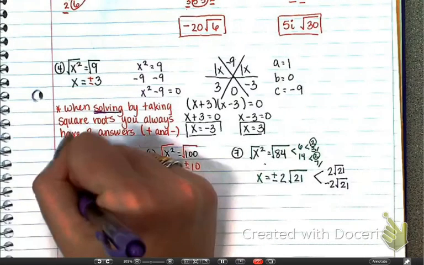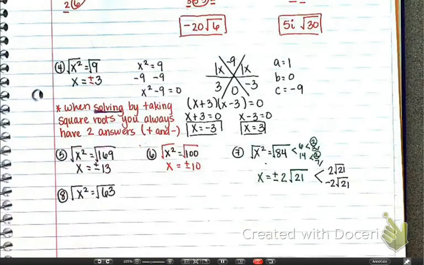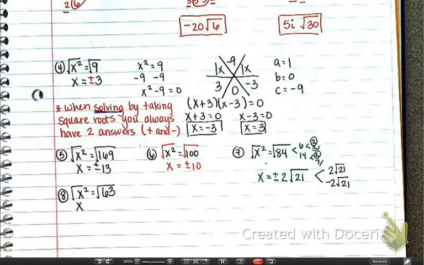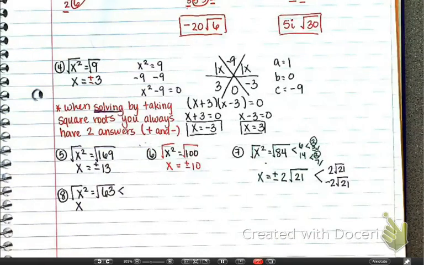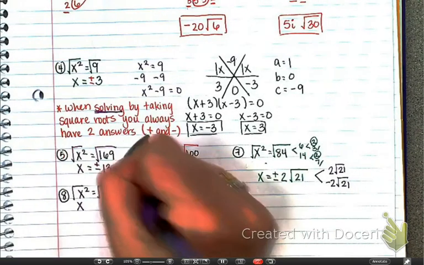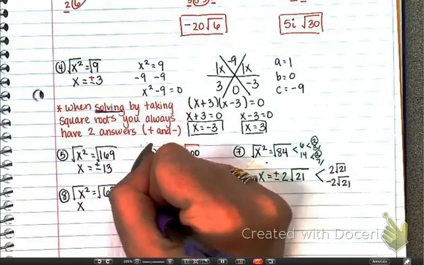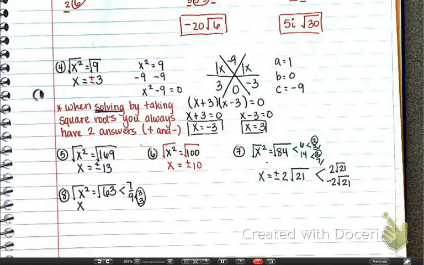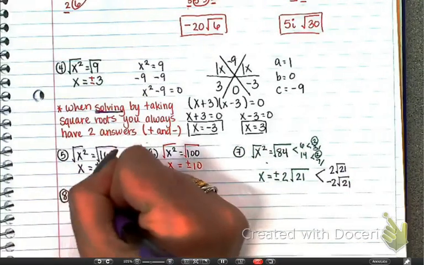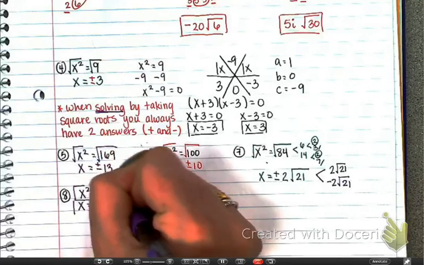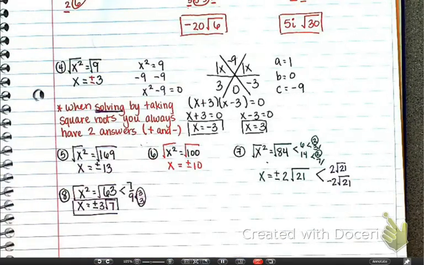Square root both sides. Square root of x squared is x. 63 is not a perfect square, so I'm going to simplify it. Give me 2 numbers that multiply to 63. 7 and 9. Okay, 7 and 9, and 9 breaks down to 3 and 3. So I have a pair of 3s and a leftover 7. X equals plus or minus 3 square root of 7. Okay? Are we okay with that?